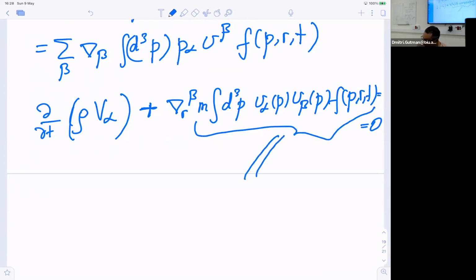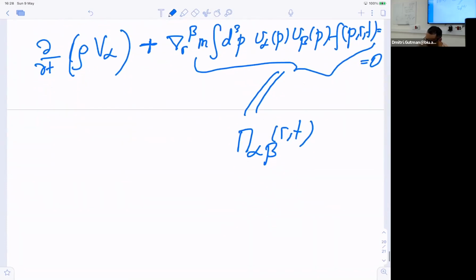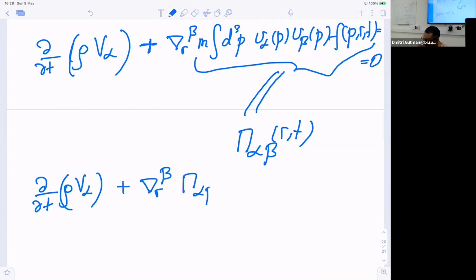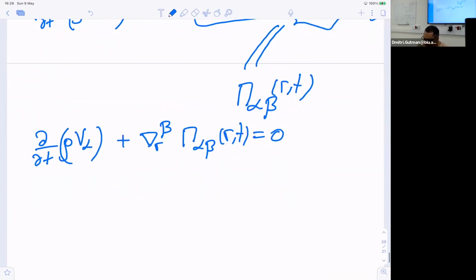This is a tensor that has two components, alpha and beta, and depends on R and T. So schematically, I get an equation that looks like d over dt of rho times V alpha, all functions of R and T, plus the divergence of a tensor, V alpha beta of R and T, is equal to 0.